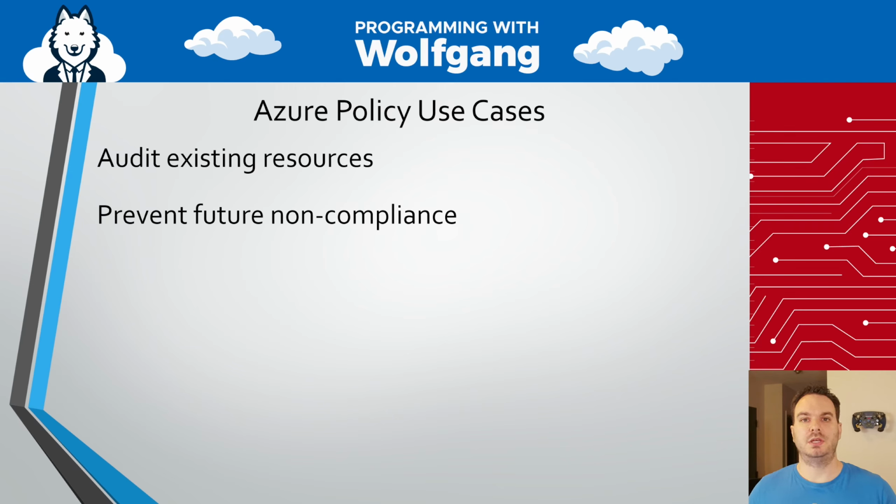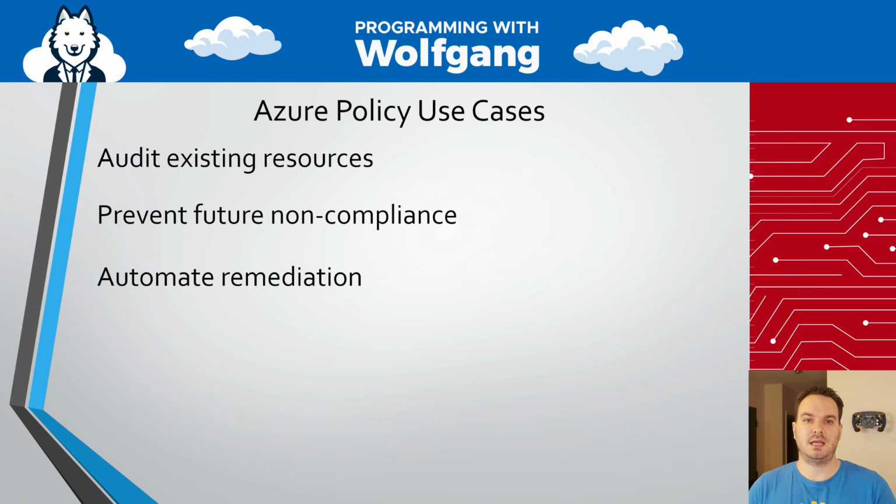This is great if you introduce new security or compliance guidelines. This means you can remediate the ones you have and try to be compliant, but you also prevent the creation of further resources. Therefore, you will stay compliant once you reach the state.